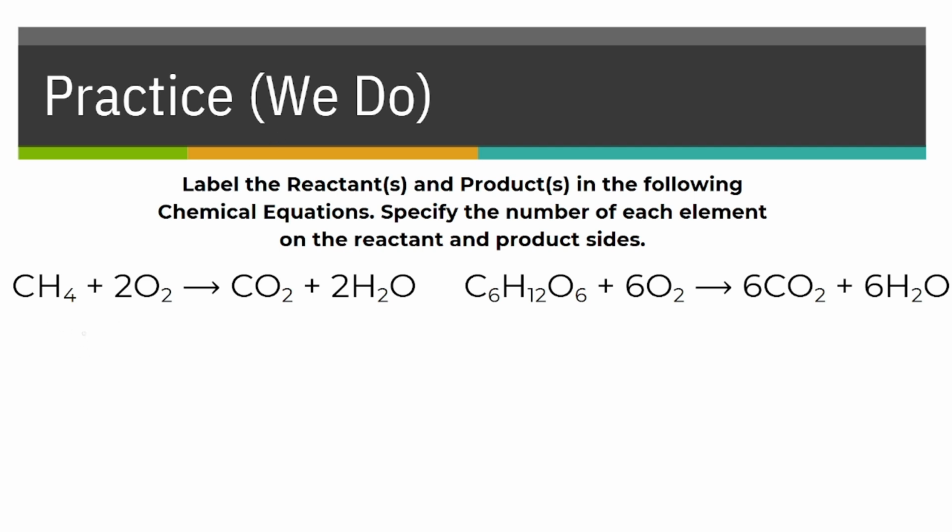So, really quick, let's go ahead and look at our equation to the left-hand side, consisting of a methane molecule as well as diatomic oxygen producing carbon dioxide and water. We haven't specified whether these are solids, liquids, or gases, or even if they're aqueous, so we don't have to worry about that right now.